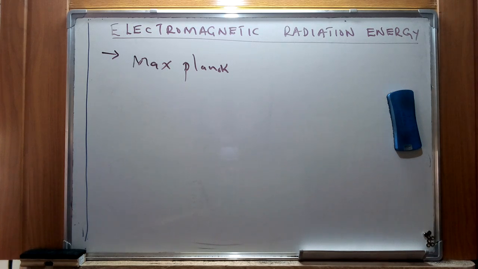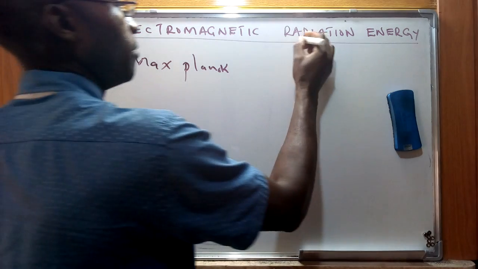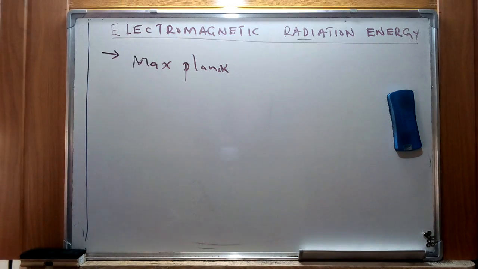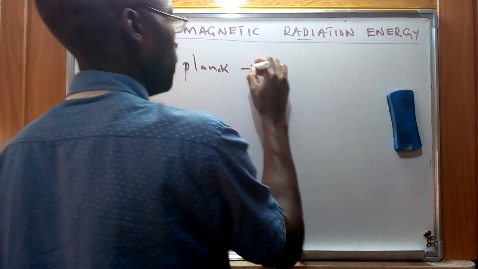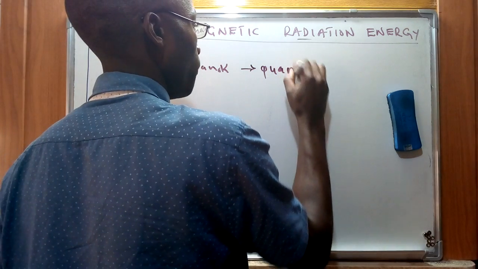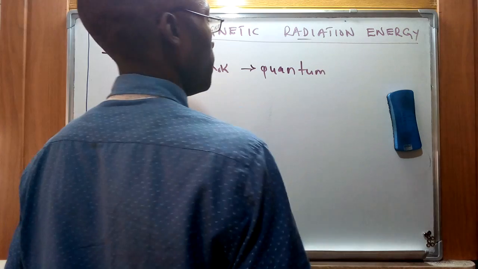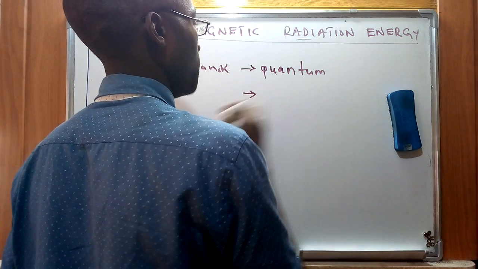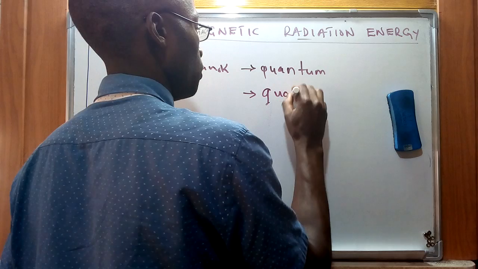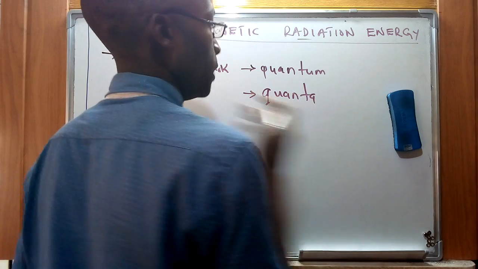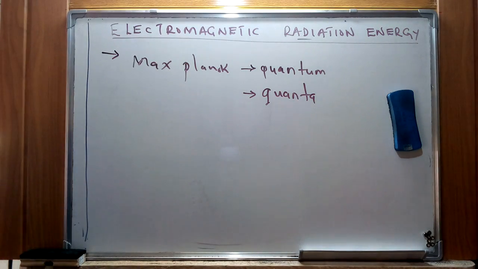But Max Planck did various experiments, and they suggested that these electromagnetic radiations are emitted in the form of tiny packets, which he later called a quanta. This packet of energy, the quanta, we are going to see advanced into the broader topic of quantum mechanics.